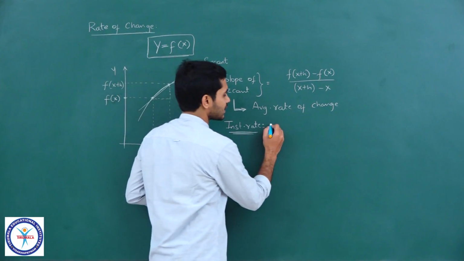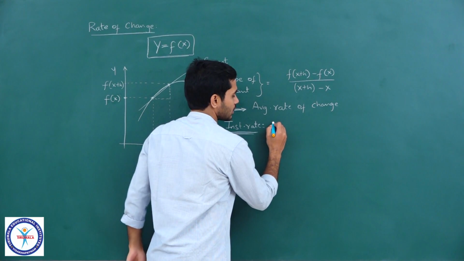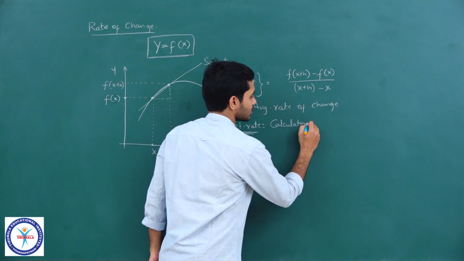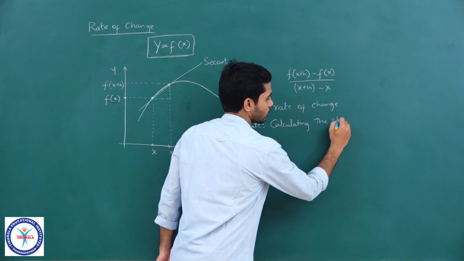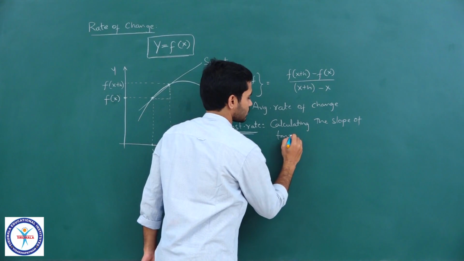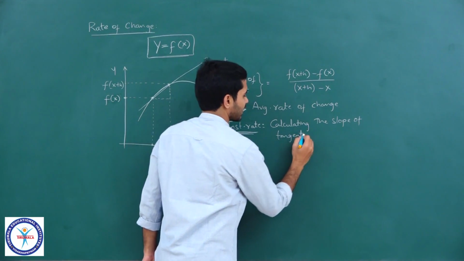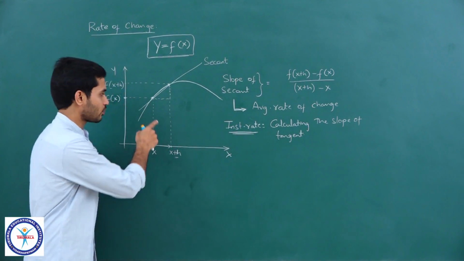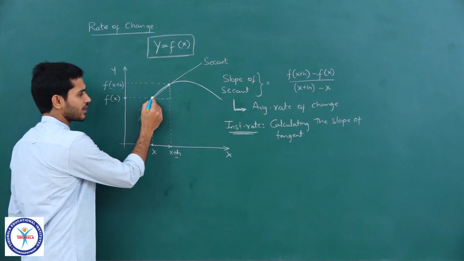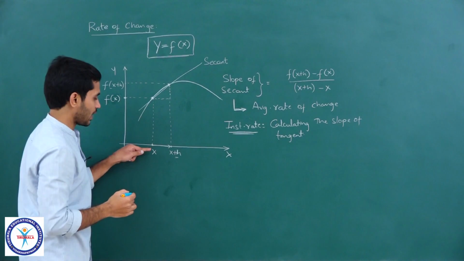So, instantaneous rate can be found out by calculating the slope of tangent drawn at the point wherever you need to find the rate of change, clear. So, I need to find rate of change at x.